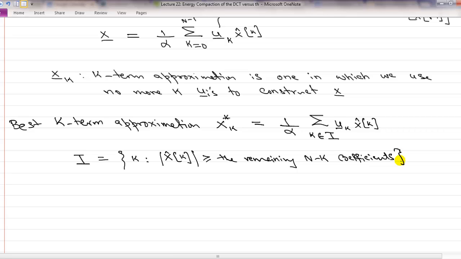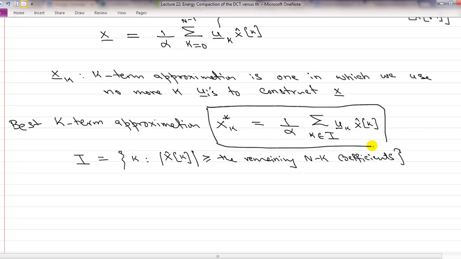You pick the coefficients which are largest in amplitude, and you construct an x star of k, which is constructed by using only the UKs that correspond to those. Effectively, you are setting the other coefficients equal to 0. Okay.